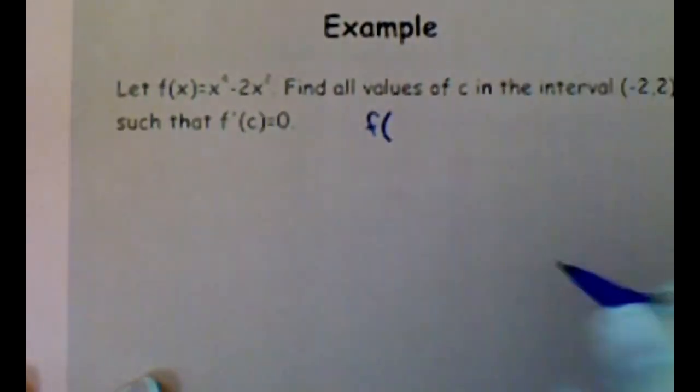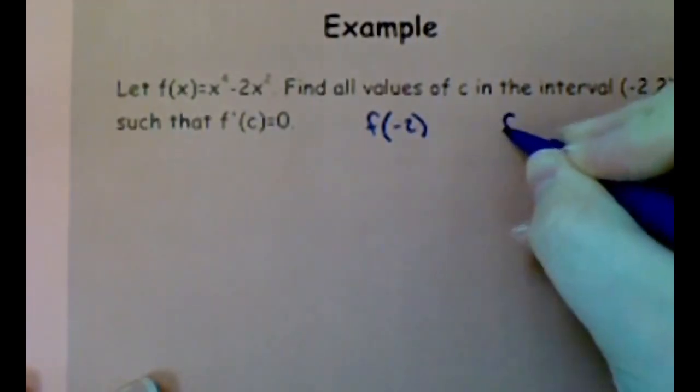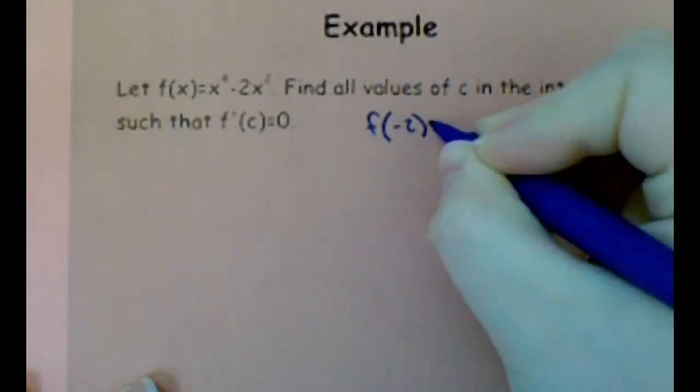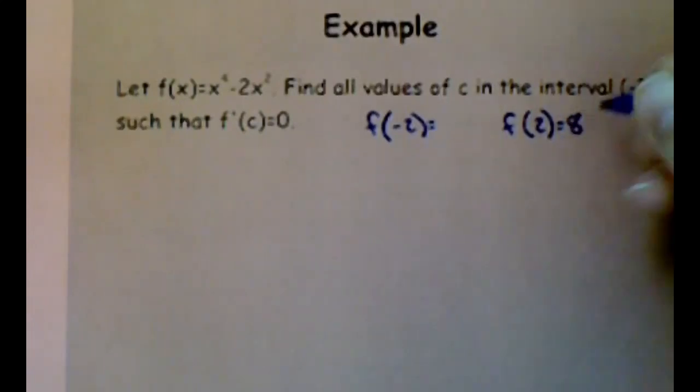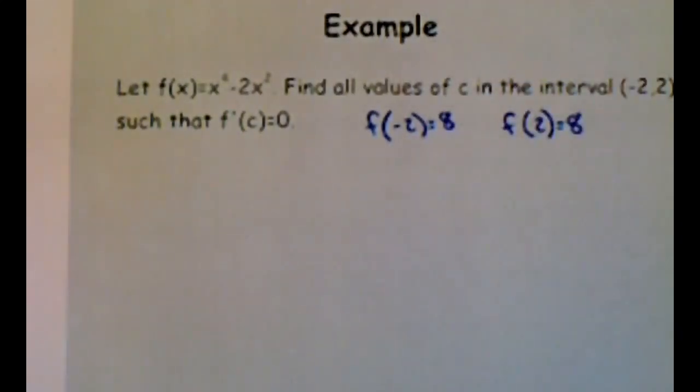So I just want to find f of -2 and f of 2. Well, use my handy dandy calculator for that. F of 2 is 8, and f of -2 is also 8. They equal the same thing, so Rolle's theorem applies. There must be a point in between -2 and 2 that the derivative equals 0.